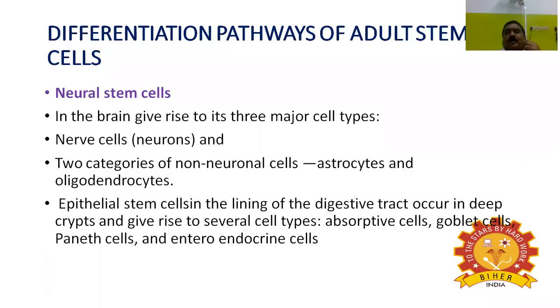So, what are the differentiation pathways of adult stem cells? First, the classical example is the neural stem cells. How will you define the neural stem cells, or what are their characteristic features?